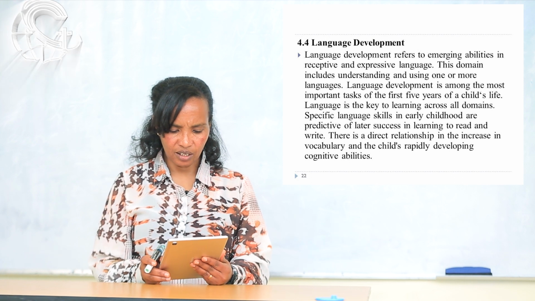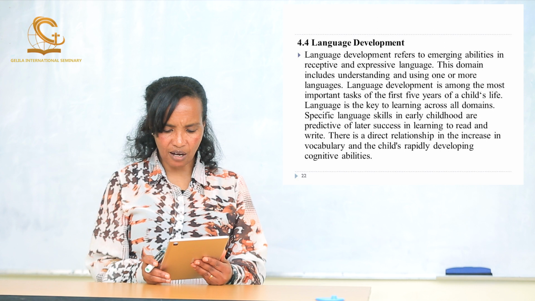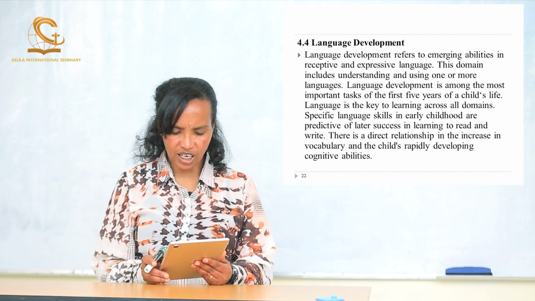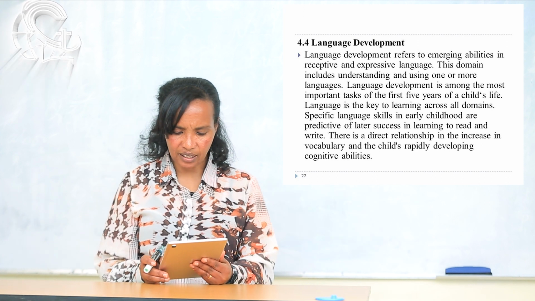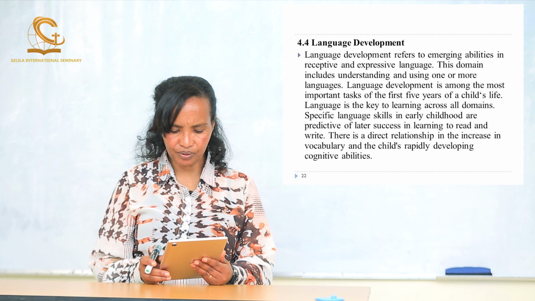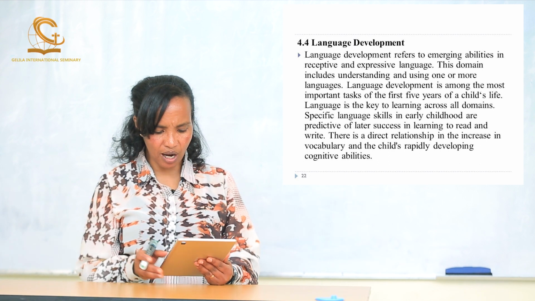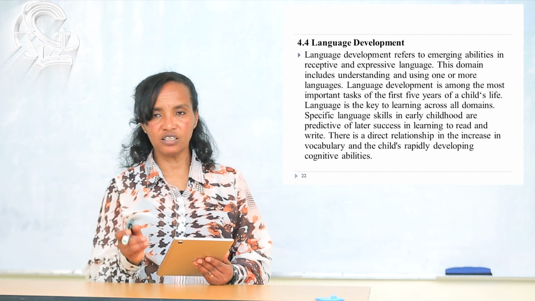Language is the key to learning across all domains. Specific language skills in early childhood are predictive of later success in learning to read and write. There is a direct relationship between the increase in vocabulary and the child's rapidly developing cognitive abilities.